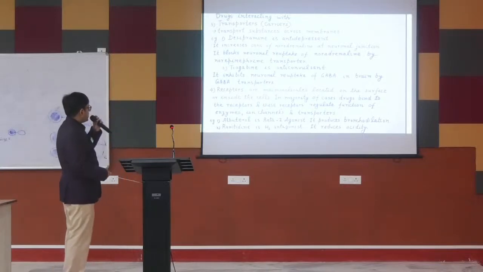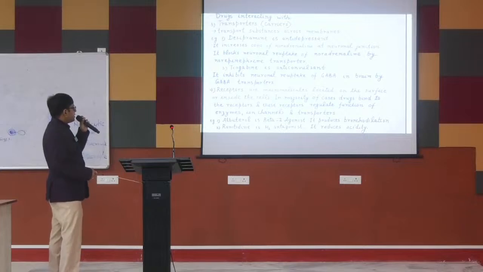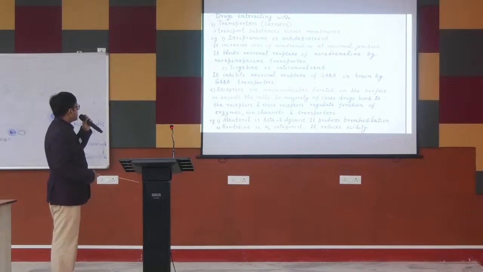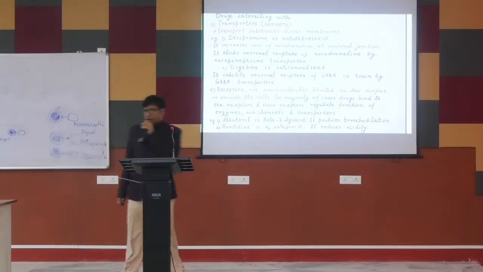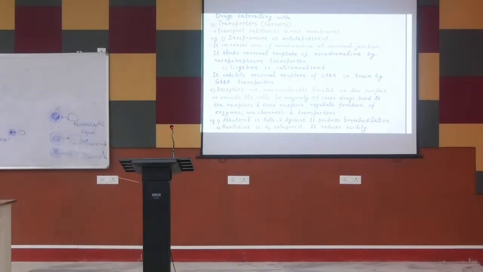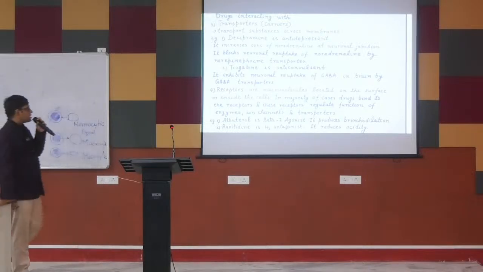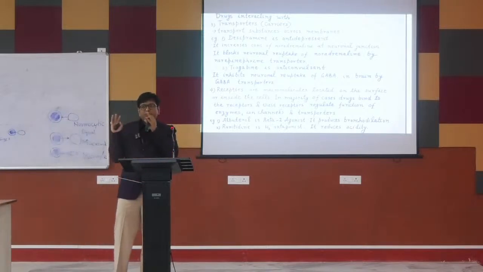Drugs interact with transporters. You have to just remember the example, like desipramine is a drug that blocks uptake of noradrenaline. So it is basically blocking the transporter of noradrenaline. Similarly, drugs interact with receptors to give their effects. This drug receptor interaction is very important, and there will be a separate class on it.